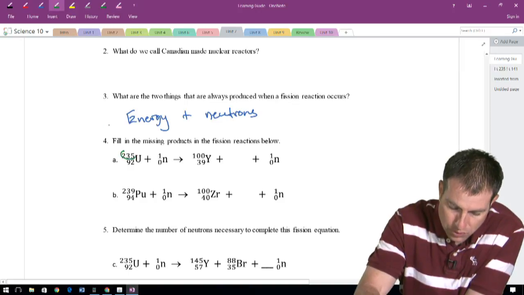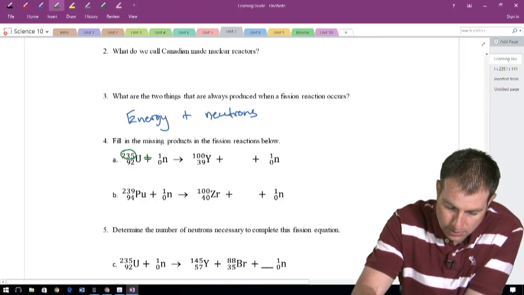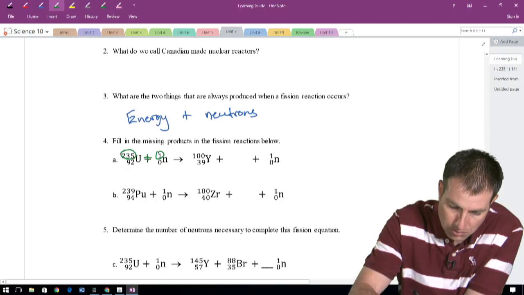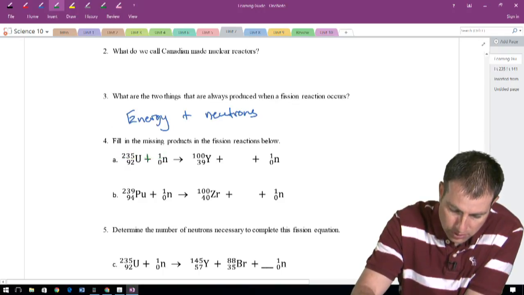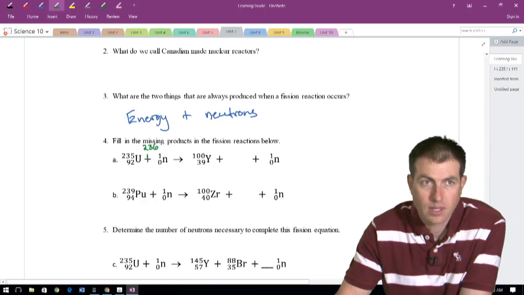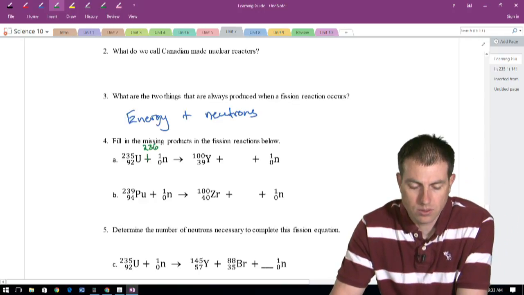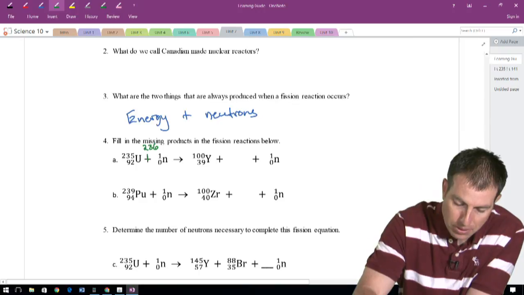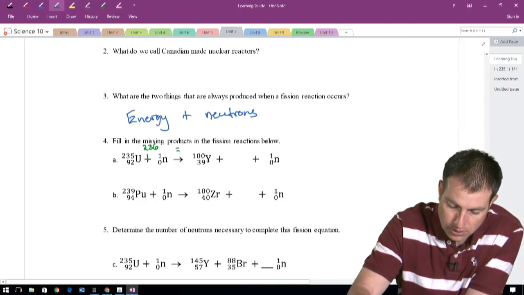So on this side, we have 235 plus 1. How many protons and neutrons did we start with? We started with 236. How do I know that? Well, I have to have math, you know? 235 plus 1 equals 236.